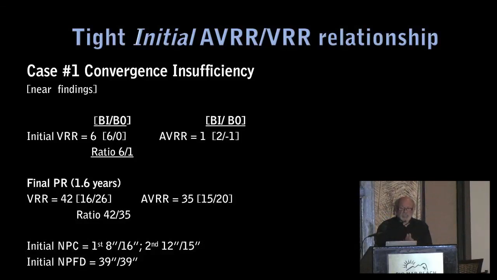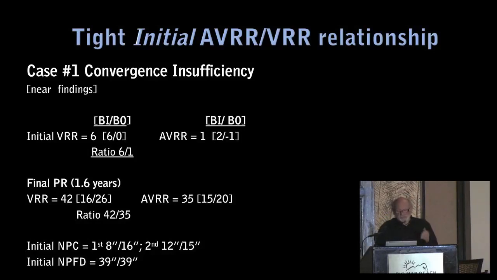When you look at that number 6, it represents the spread of power. But the associated divergence recovery was 1. It actually manifested as a 2 recovery base in and a -1 recovery base out. And there was good agreement in this measure of the CI vulnerability of base out. The ratio was more like 6 to 1.